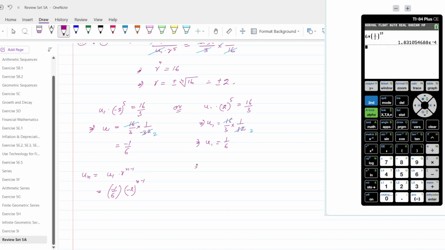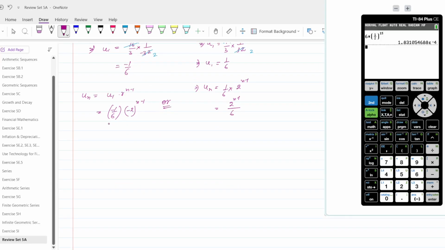And in this case, un is going to be u1, that is 1 by 6 here, times r, that is 2 in this case, 2 raised to the power n minus 1. So this comes out to be 2 raised to the power n minus 1 divided by 6. So either this or this is going to be the equation for the nth term. Let's go to the next problem.